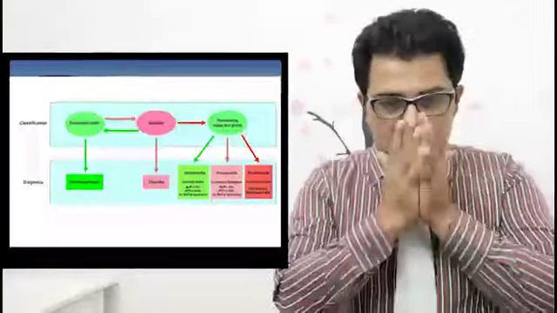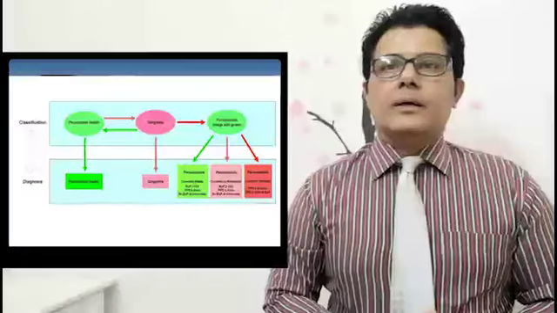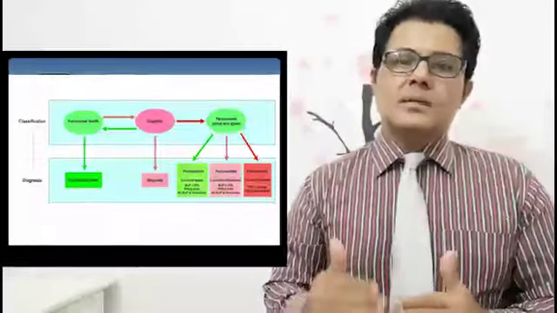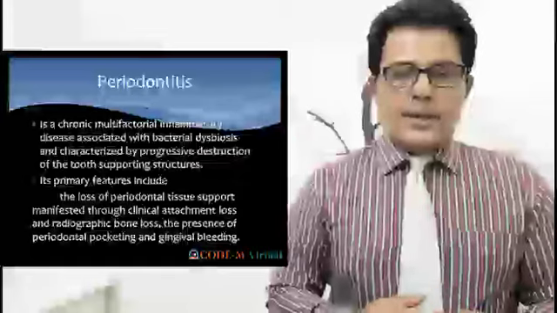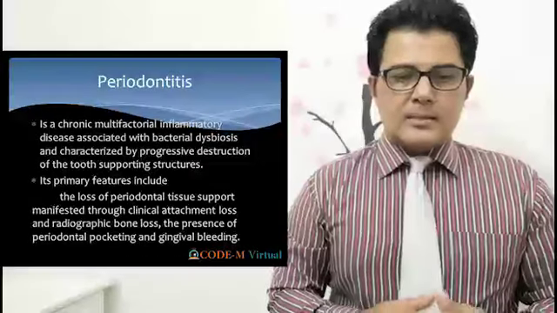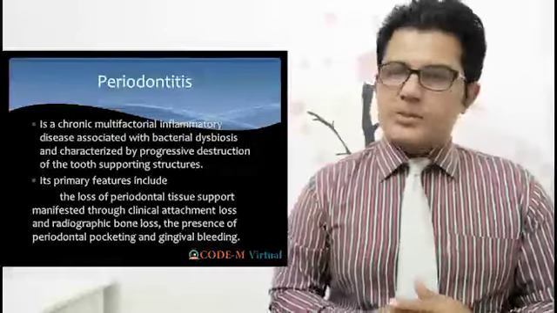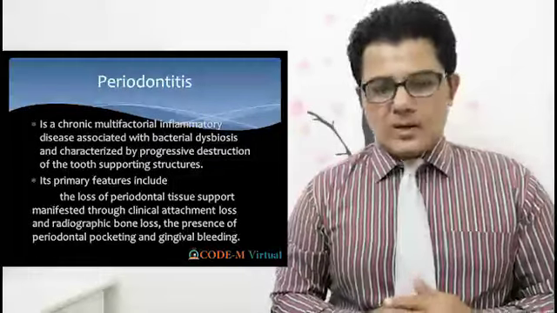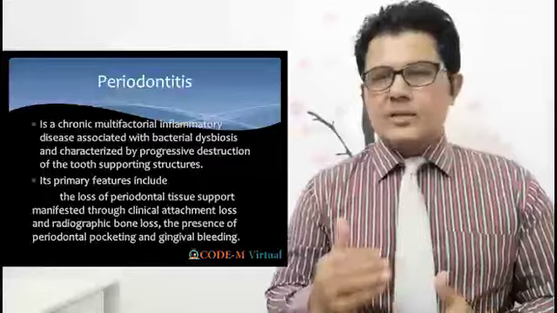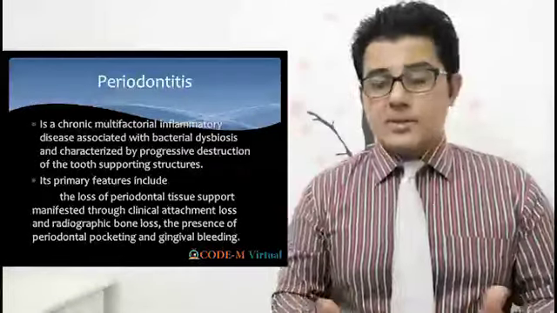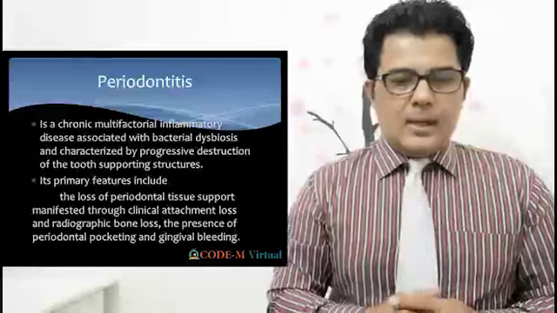So first of all, regarding the periodontal condition and disease, we should define what periodontitis is. Periodontitis is a chronic multifactorial inflammatory disease associated with bacterial dysbiosis and characterized by progressive destruction of the tooth supporting structure, the periodontium.